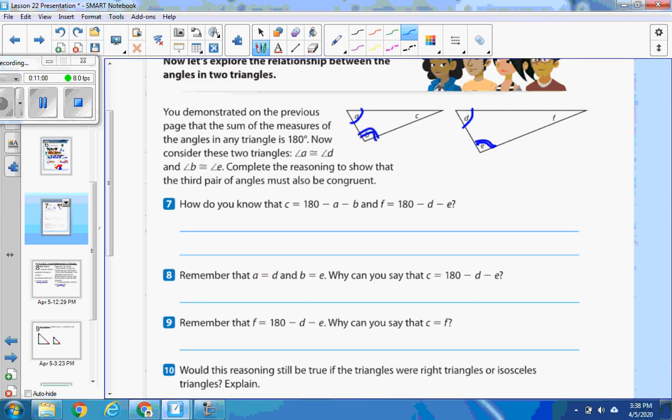congruent. So it says in number 7, how do you know that C is equal to 180 minus A minus B, and F is equal to 180 minus D minus E? And the reasoning for that is simply because all three angles in a triangle sum to 180 degrees.